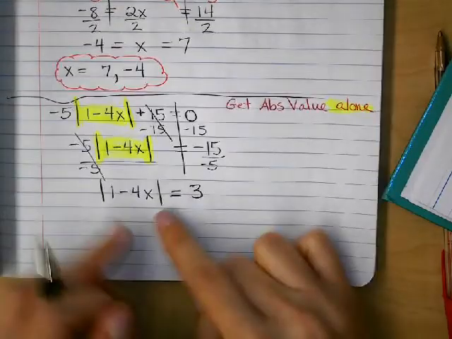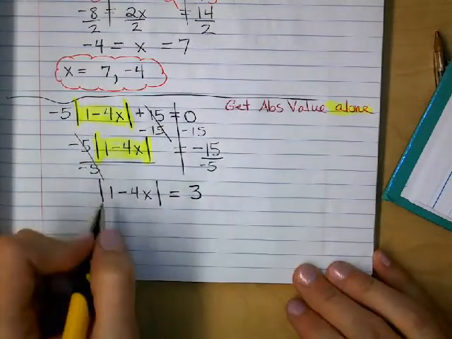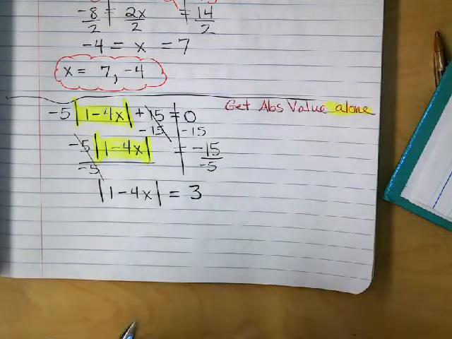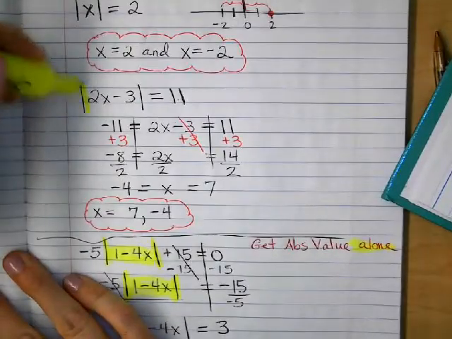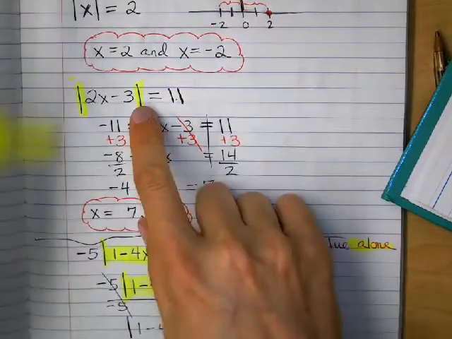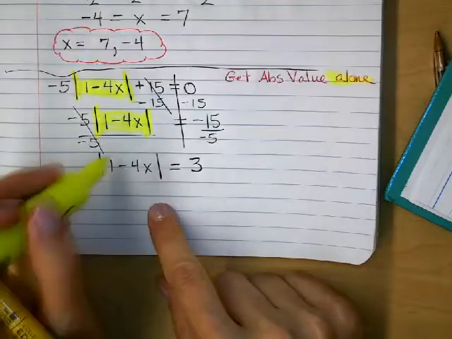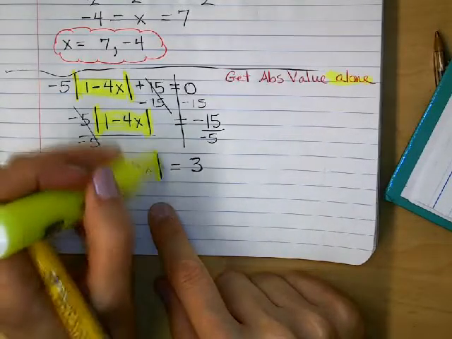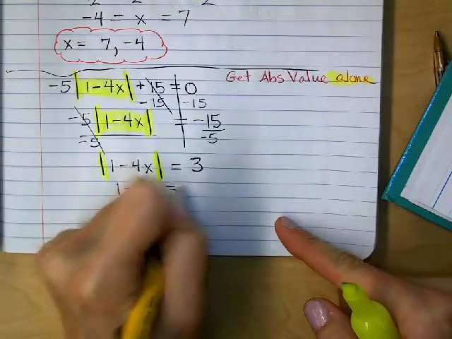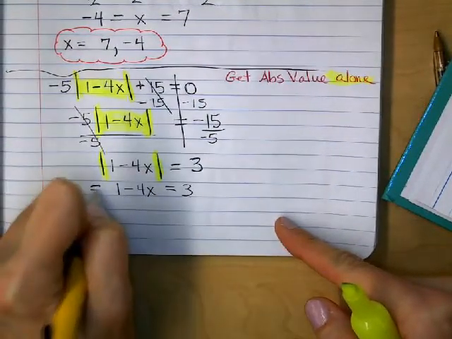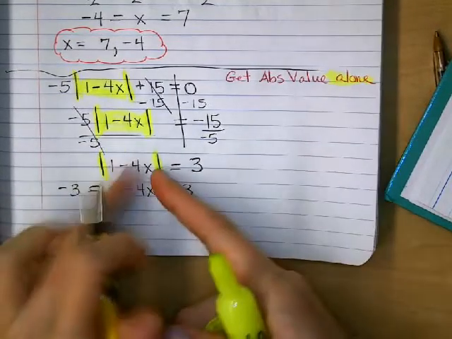You have to get rid of the absolute value signs. That's how we did it up here. To get rid of those lines, you equal the problem to 11 and negative 11. Well, this one here, to get rid of these lines, you're going to write 1 minus 4x equals 3, and it equals negative 3. Because you can take the absolute value of negative 3 and get 3.